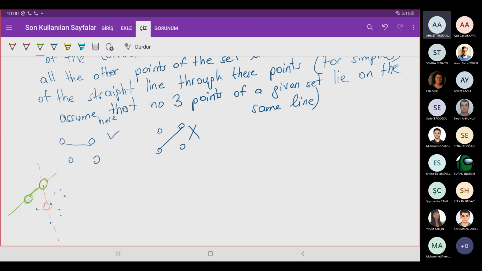N square. Why do you think it's n square? For 1 point, we need to compare n minus 1 points. We check all of these pairs.